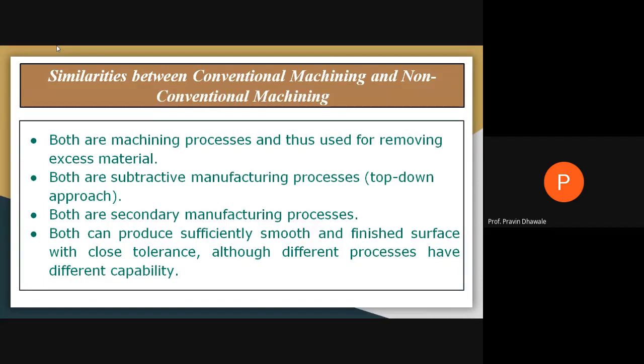Even so, both conventional as well as non-conventional machining can produce a very smooth object with a very high quality surface finish and close dimensional tolerance. Are you getting these similarities between conventional and non-conventional machining? Is it clear? Similarities?